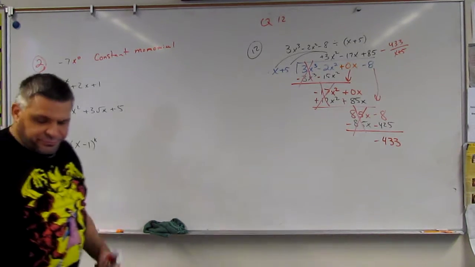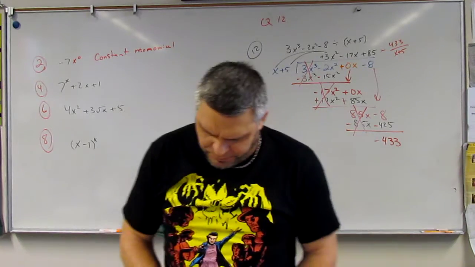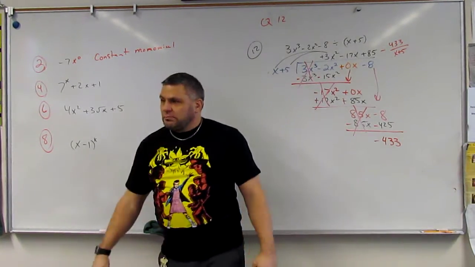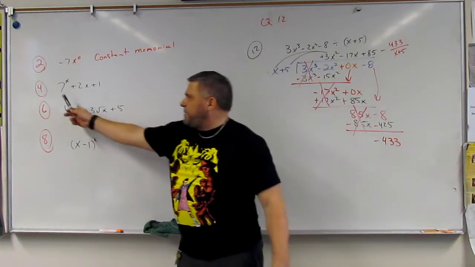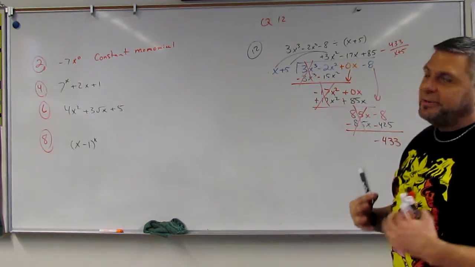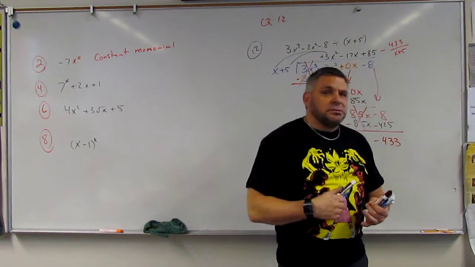Now, what kind of polynomial is this? It looks like a trinomial because it's 3 pieces, right? But no, it's a binomial. But what is the type? Is it a constant? Is it cubic?